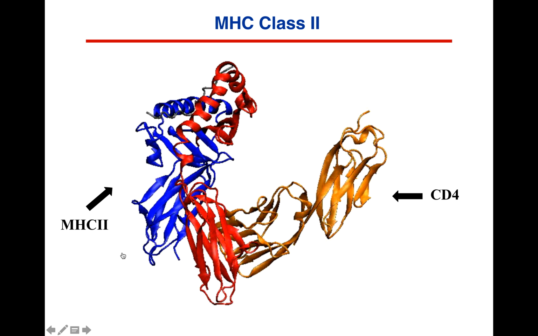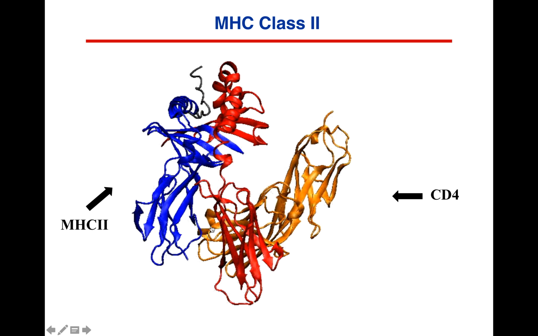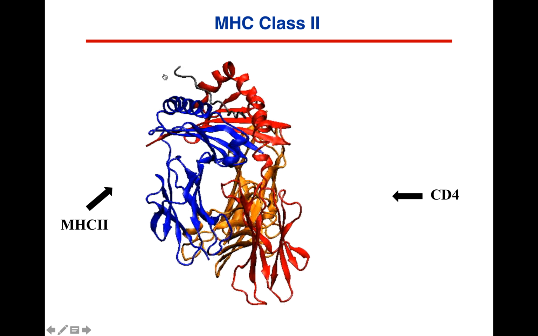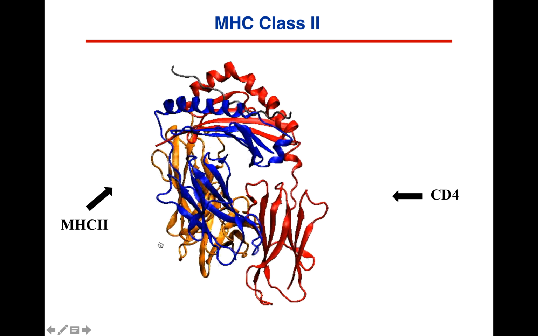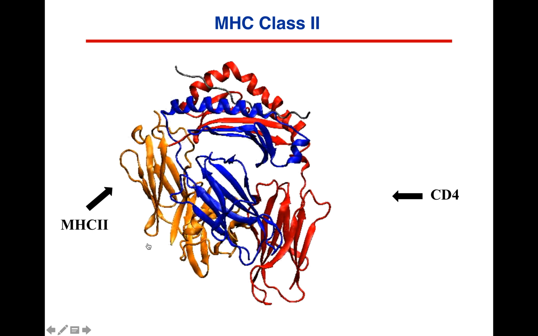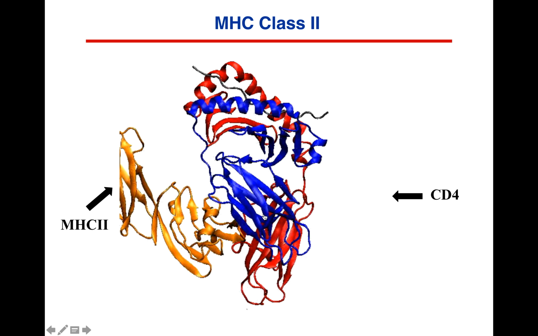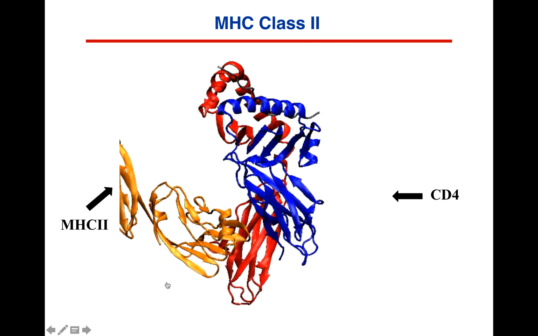Now, we talked about T-cell, the CD4, and this is a molecular structure. It shows you the interaction of the MHC2. There's a peptide up here, this little wiggly guy, and the CD4 now binds to basically the lower part of the MHC2 that doesn't bind to, and you can sort of see that here.